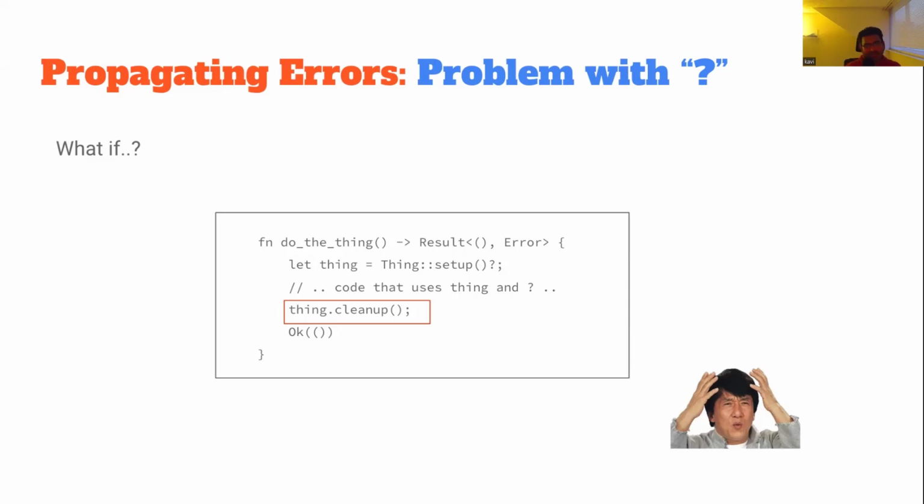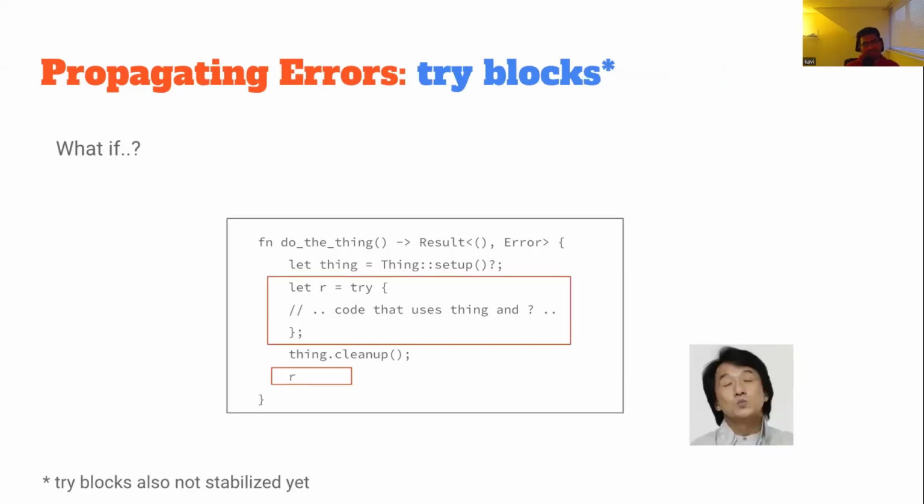But at the end of the function there is also one step, thing.cleanup, which can never get executed if it returns early. So this is still a problem. How we handle it now is that we manually write a match statement, or handle it manually, so that thing.cleanup always runs, even in case of error. But there's a better way in the future, which is using a try block.